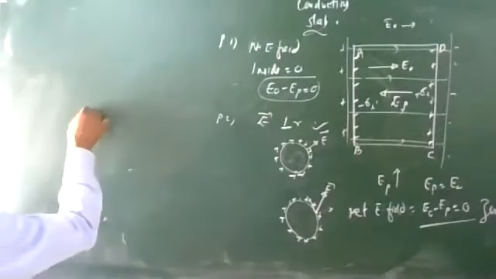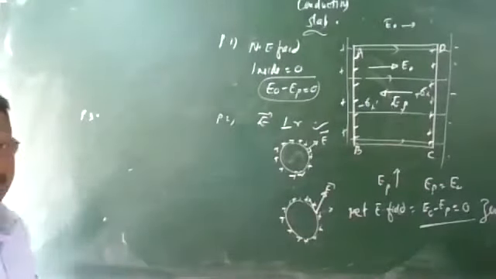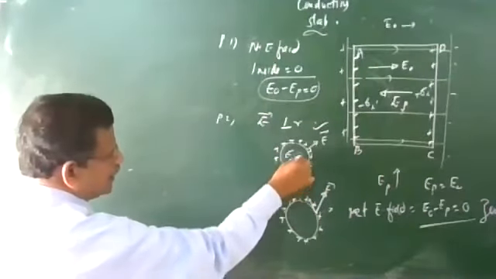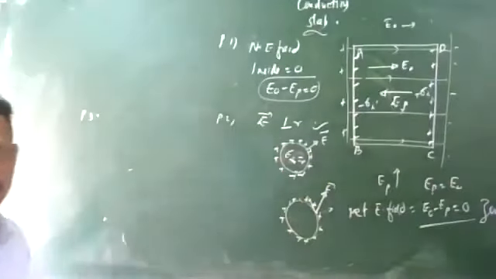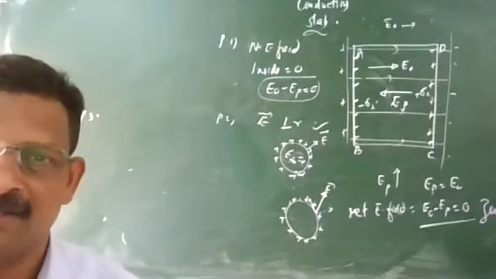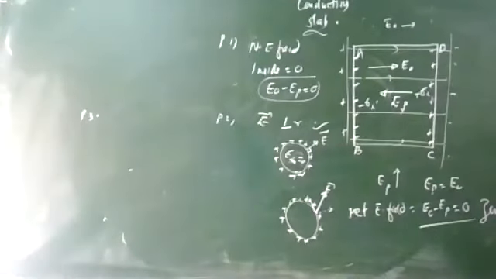Property number 3 is regarding charge. The electric field inside is 0, as you know even for the spherical shell. So where will the charge be? The charge remains outside, on the surface.